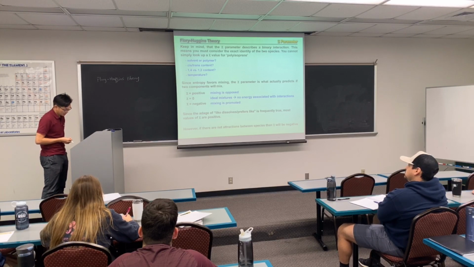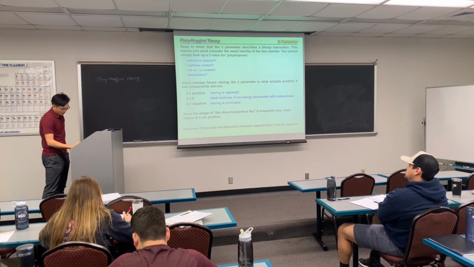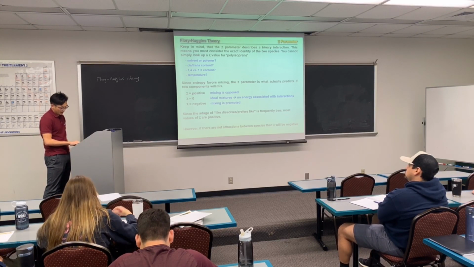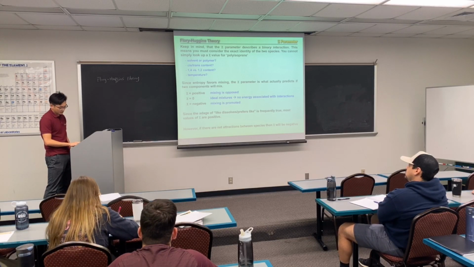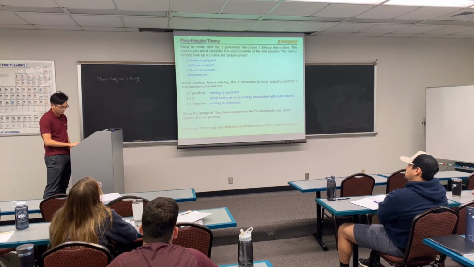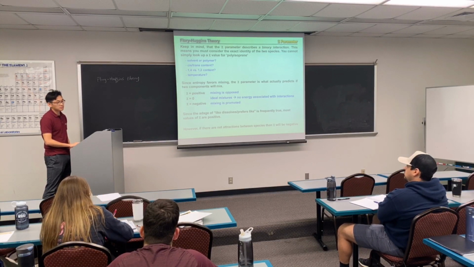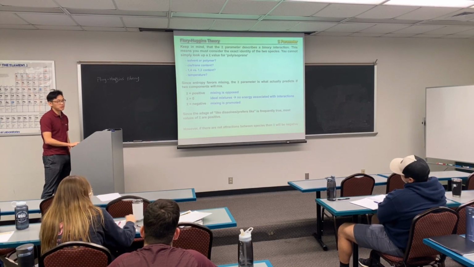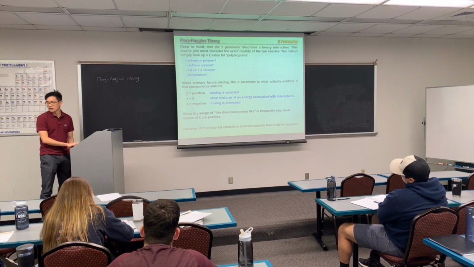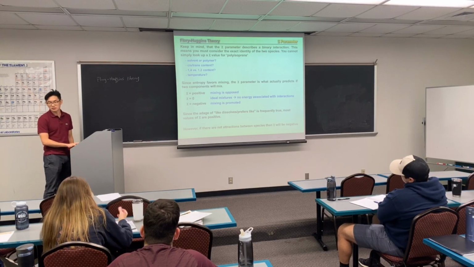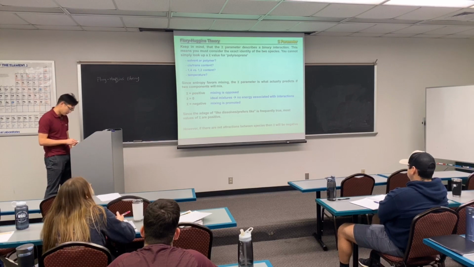This is frequently true. So most chi values are positive, because if you mix two materials that are not the same species, the mixing is usually not entropically favored. I'll give you examples.